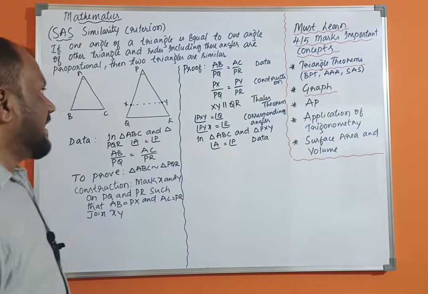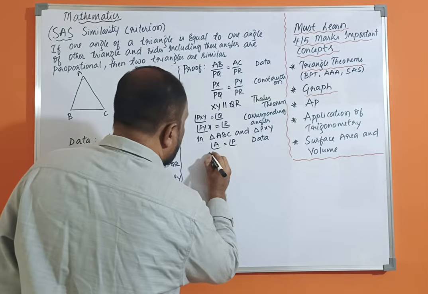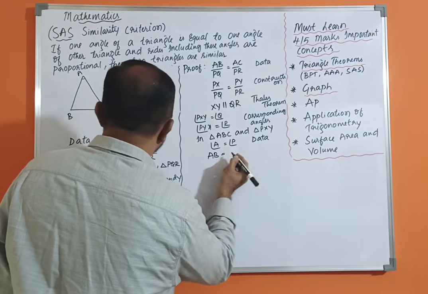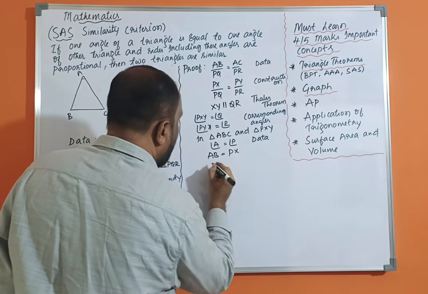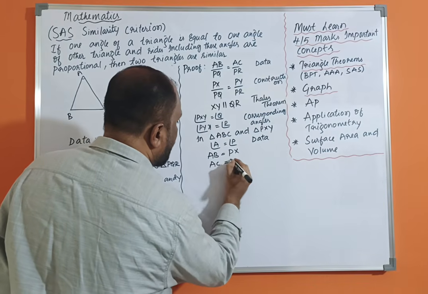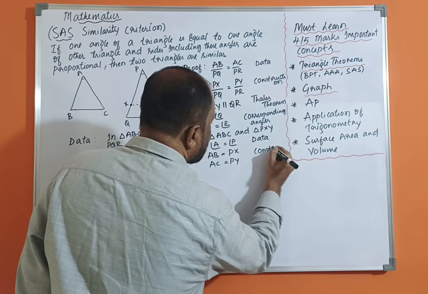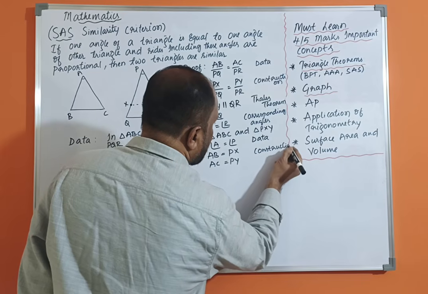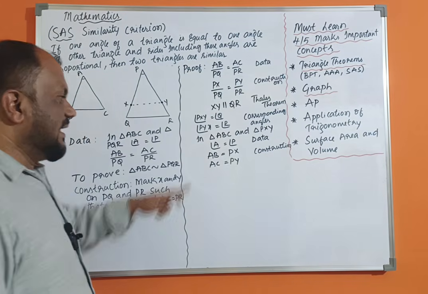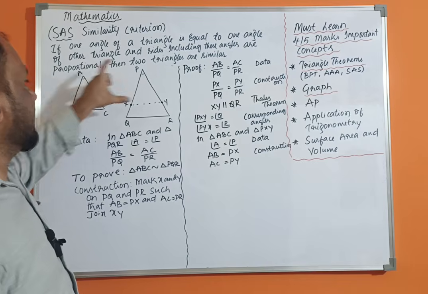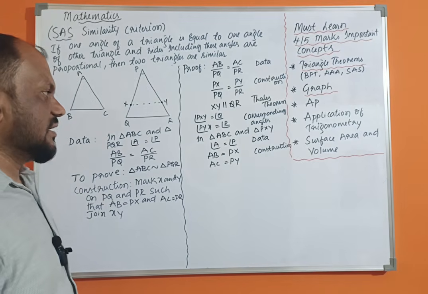First thing. Then next, AB is equal to PX and AC is equal to PY. It is mentioned in the construction. Okay. AB is equal to PX and AC is equal to PY, construction.